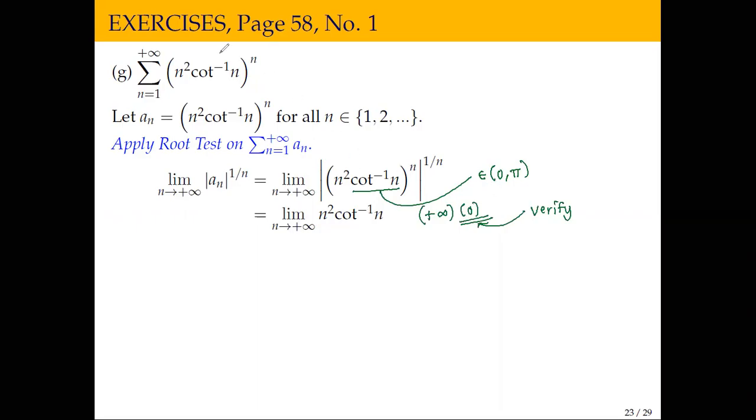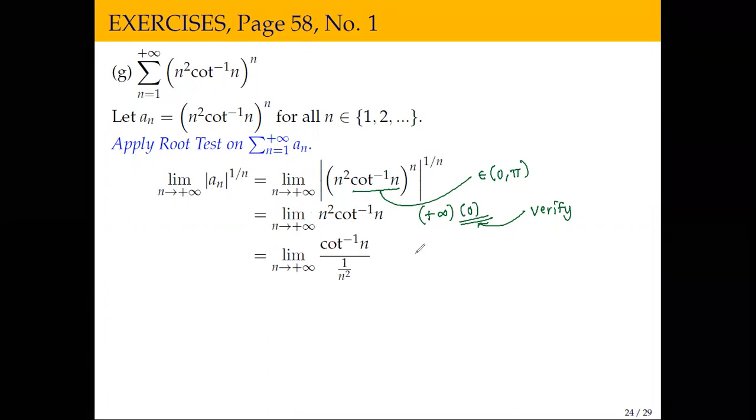If you are dealing with an indeterminate form of type 0 times infinity, you have to move one factor to the denominator. So in this case, I have moved n squared to the denominator. So you have here arc cotangent of n over the reciprocal of n squared. We are evaluating the limit of this as n goes to positive infinity.